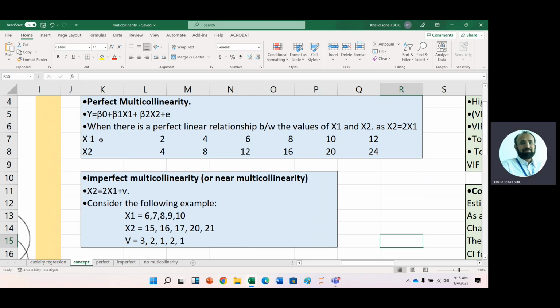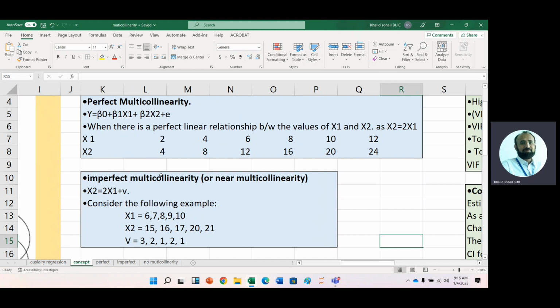Now, here, for example, we have two IVs and one DV, X1 and X2 are two IVs. Looking at these two series, they seem to be different, but it can be observed that although there appear to be two explanatory variables, in fact it is only one variable, that is X1, and X2 is an exact linear function of it, as you can observe that X1 is multiplied by 2, or X2 is a multiple of 2.